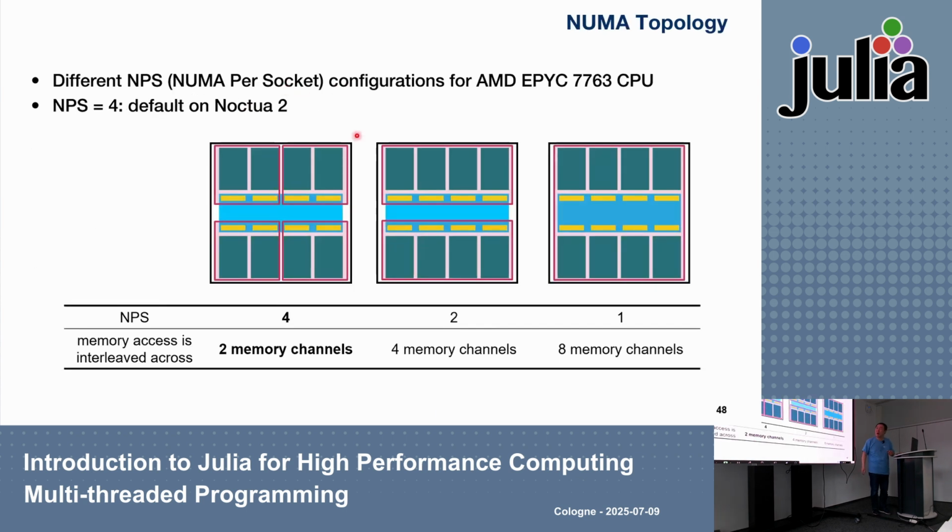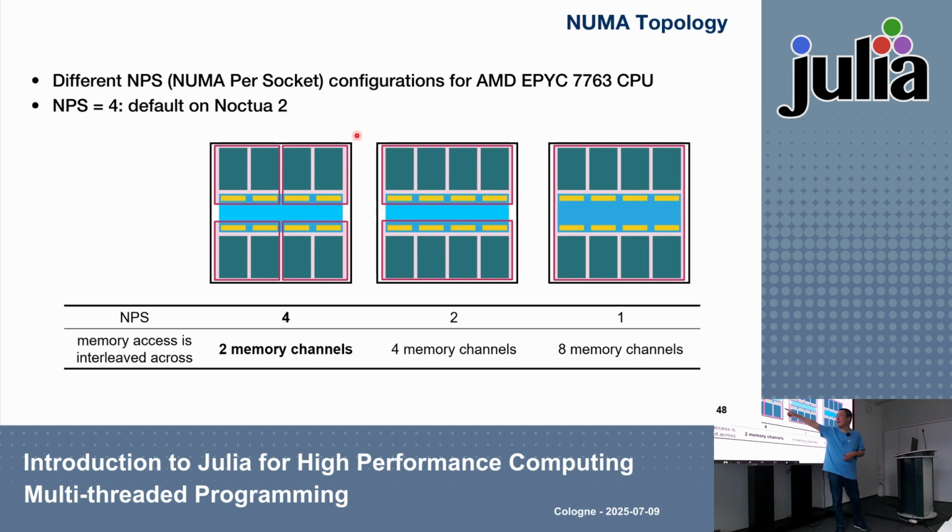What is more complicated is that there are multiple ways to configure how those CPU cores are grouped together by setting the so-called NUMA domain per socket. For Noctua 2, there are different ways to configure one CPU socket, and currently this configuration is used.